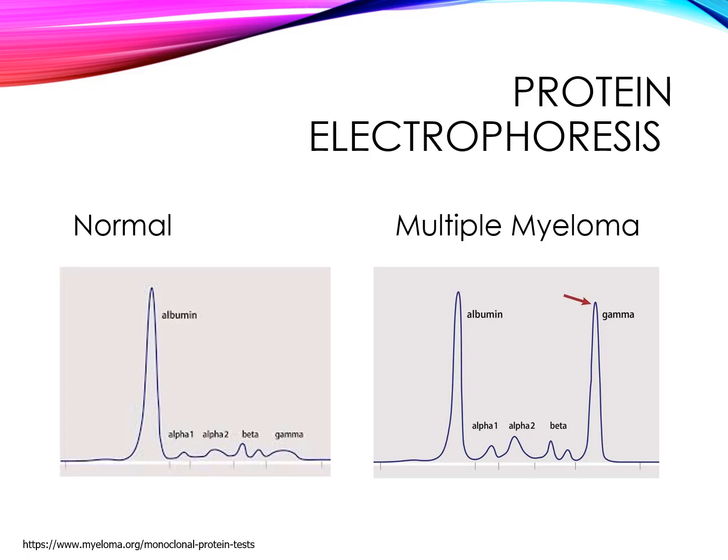Okay, so another recap of our protein electrophoresis. To the left here, this is a normal protein electrophoresis. The very first spike we're going to see is albumin. Then we're going to have our alpha 1 and our alpha 2 region, our beta region, and then this last area is our gamma region.